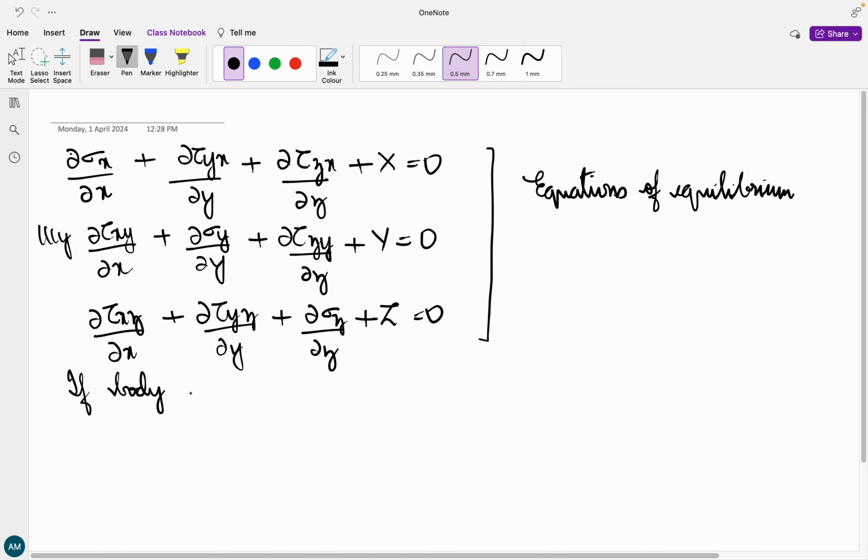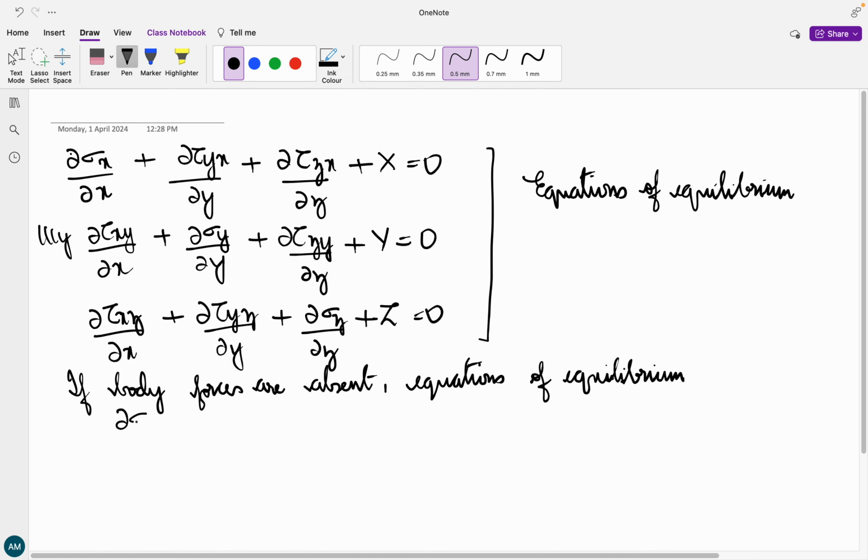If they tell you in the question that the body forces are absent, then what happens to your equations of equilibrium is we are just going to rewrite the same equations, just that this capital X, capital Y, capital Z are going to be removed, or they are going to be 0.